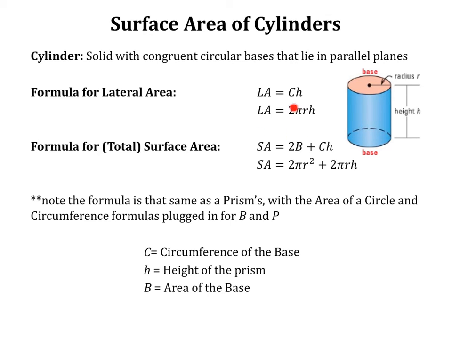And then I can, if I would like, go ahead and plug in 2 pi r, so lateral area is 2 pi r times height. And then for surface area, it's 2 times big B plus circumference times height. So that's going to be 2 pi r squared plus 2 pi r times height. Just as a note, these are the same formulas as a prism, we've just plugged in the area of a circle and circumference for the big B and big P.